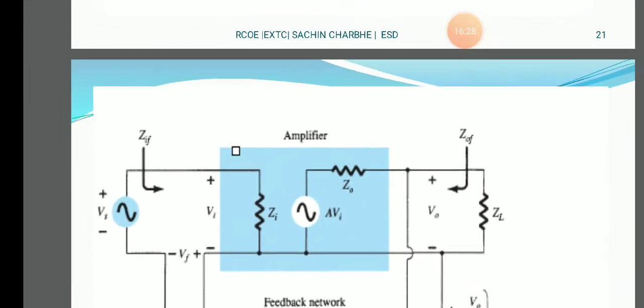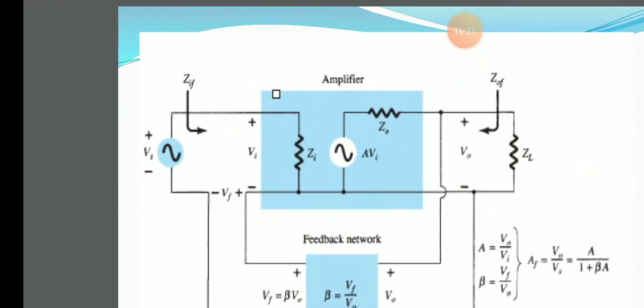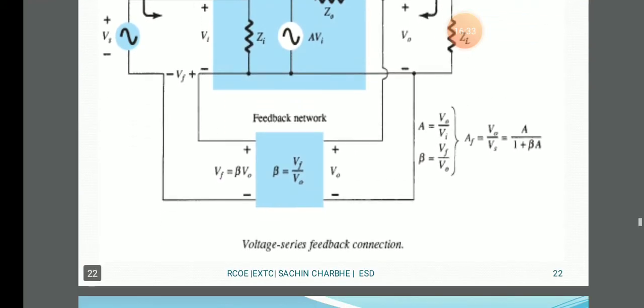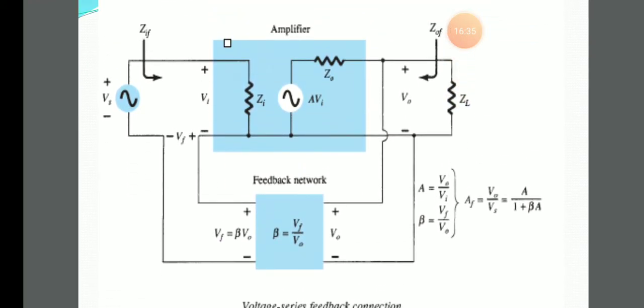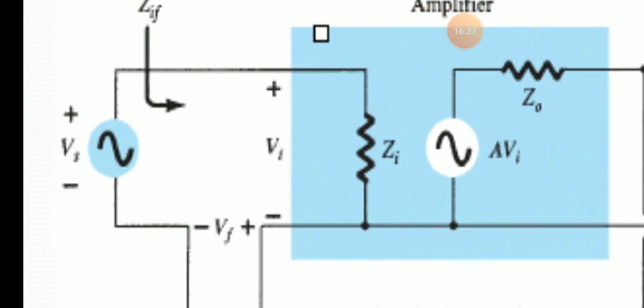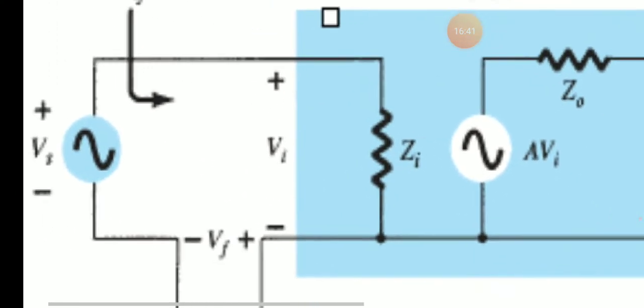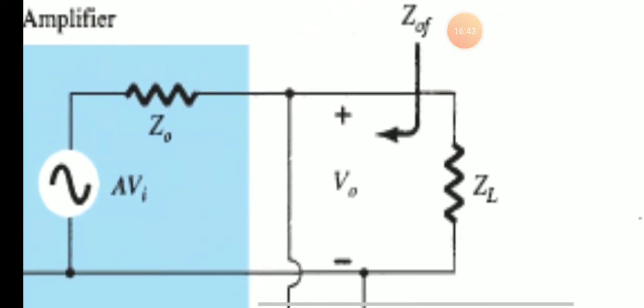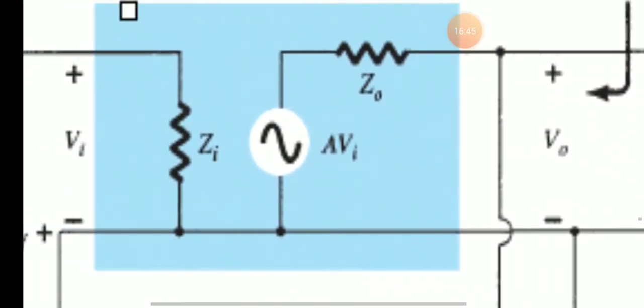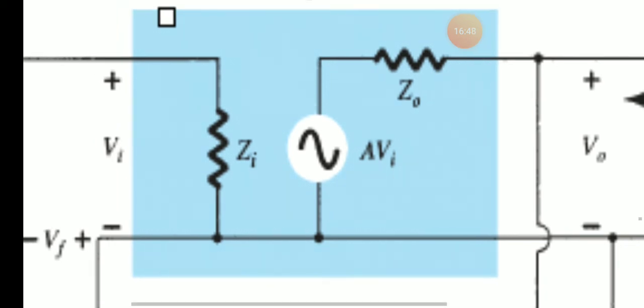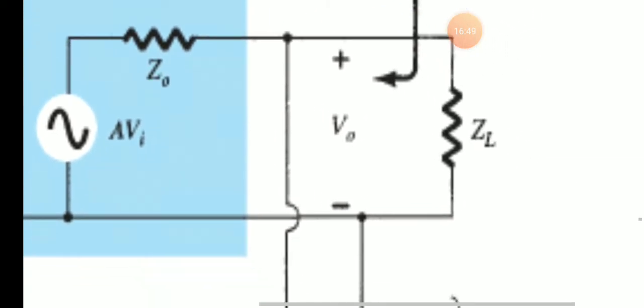This is the diagram for the voltage series feedback connection. Here is the Vs. Here we get the input impedance with feedback, and here the output impedance with feedback. Here we have shown Zi and A Vi. Here is Vf, the feedback voltage, equal to beta V0.